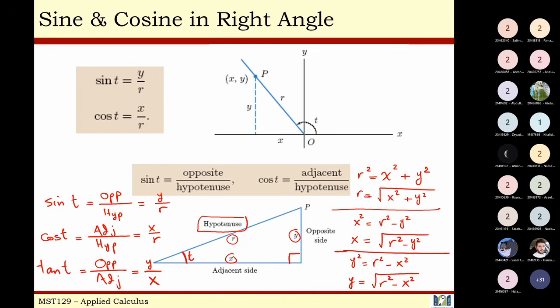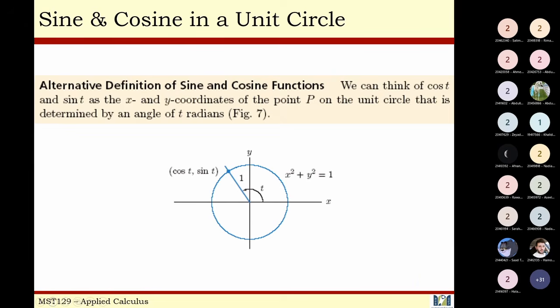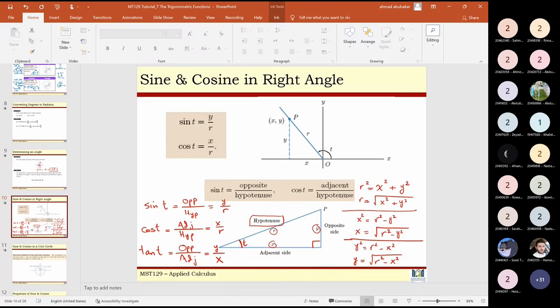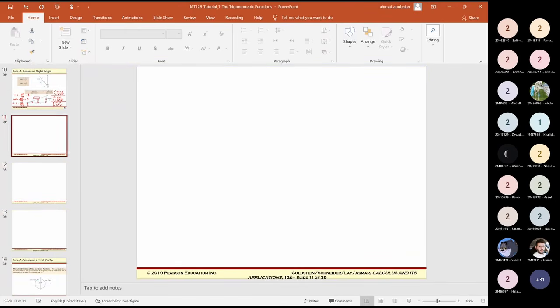Example about this. Example, let T be the radian measure of the angle shown.